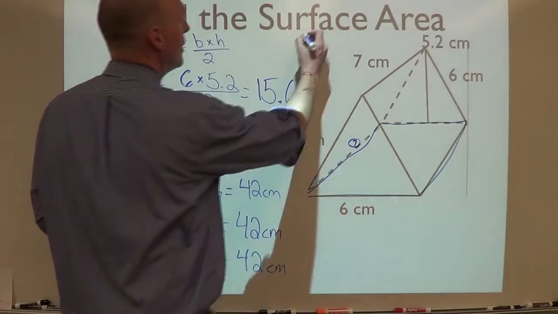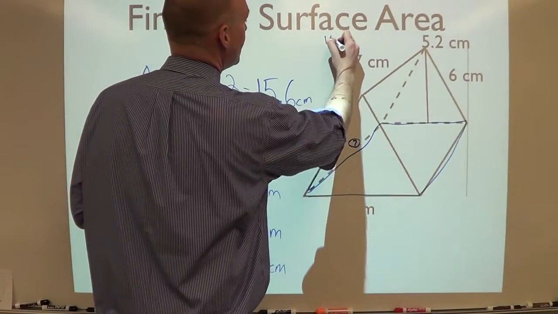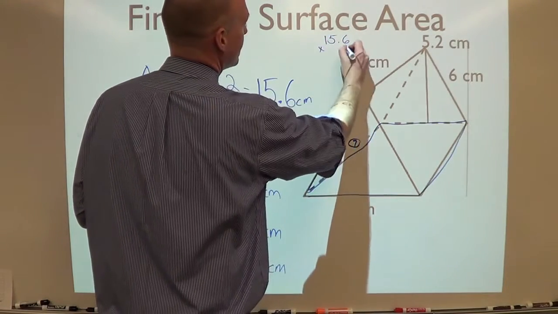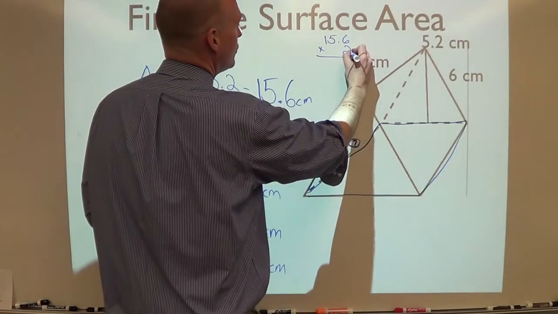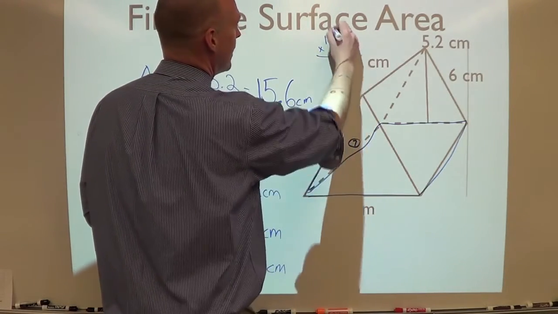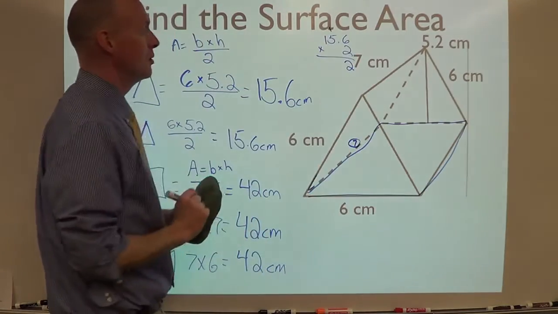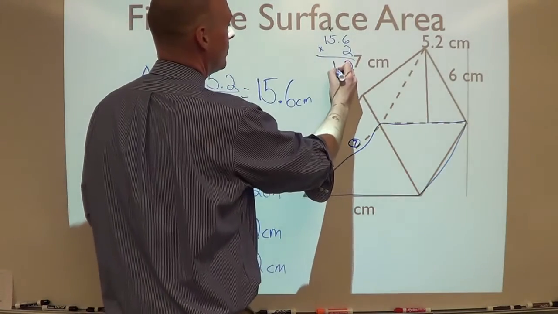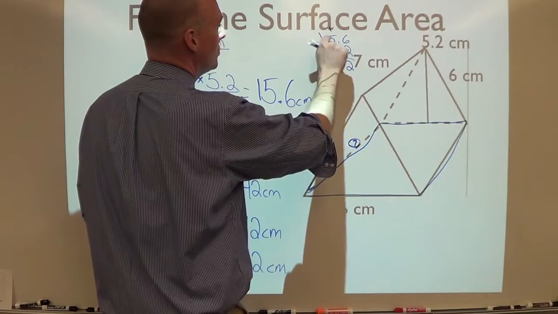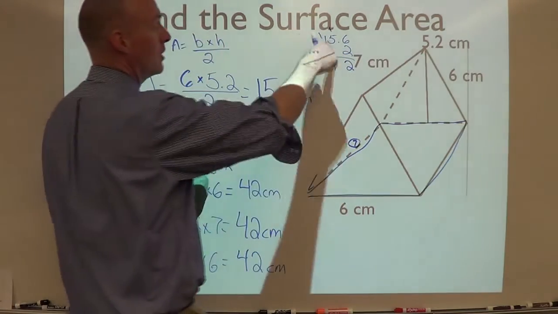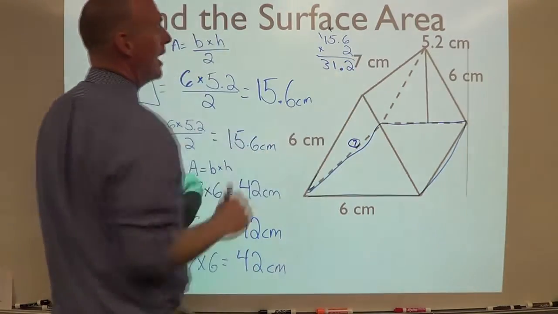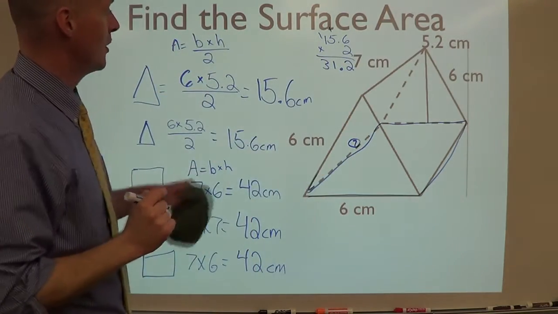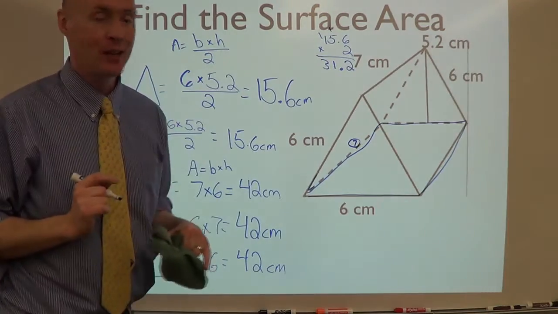So for the triangles, 15.6 times 2, because we have 2 of them. 2 times 6 is 12, carry the 1. 5 times 2 is 10, plus 1 is 11, carry the 1. 2 times 1 is 2, plus 1 is 3, with 1 decimal place. So I know for my triangles it's going to be 31 and 2/10.